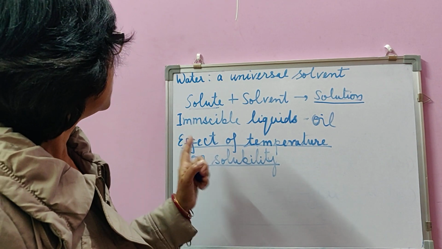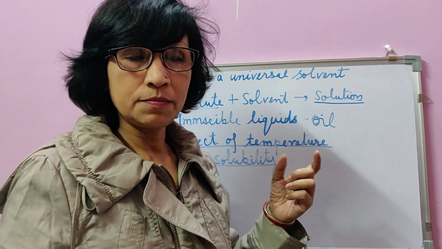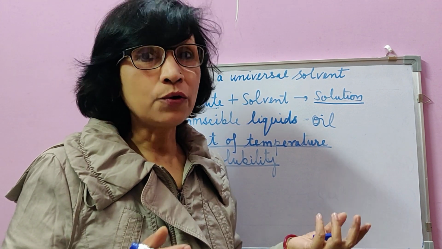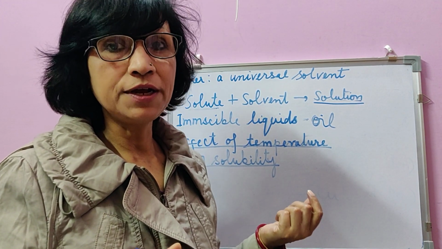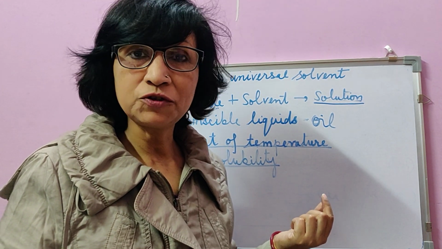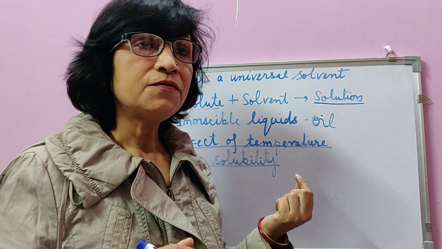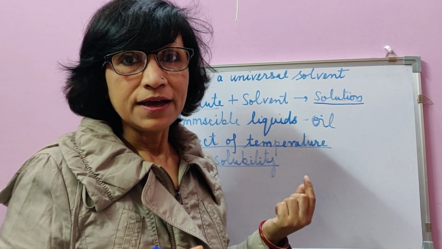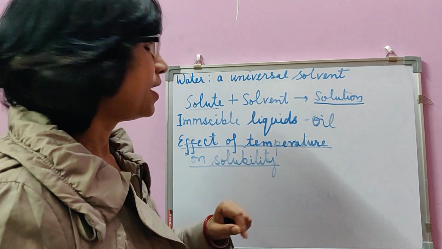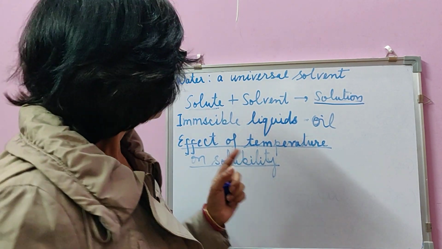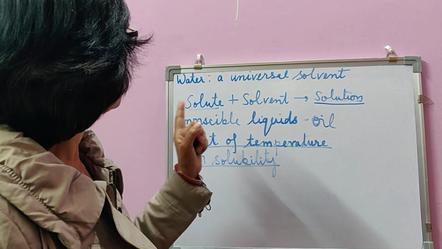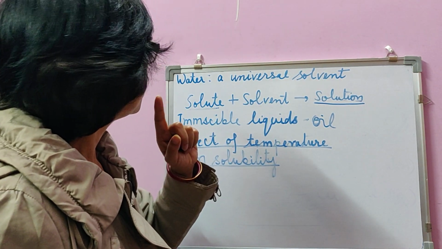So the two properties, not components, actually the term should be properties, which can play an important role in the solubility of a solute in water are temperature and pressure. So how does temperature play a role in the solubility of a solute in the solvent?